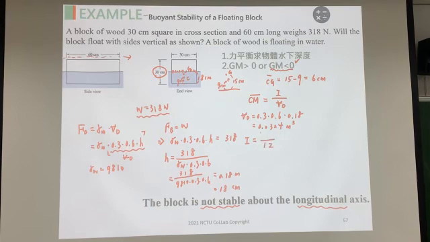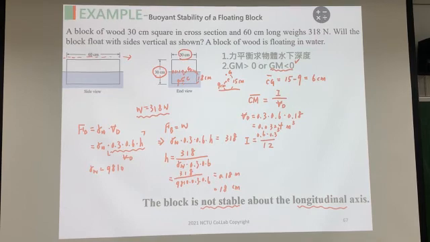So the second moment is 1/12 times 0.6, and the width of the water line cross-sectional area is 0.3, so 0.3 to the power of 3.